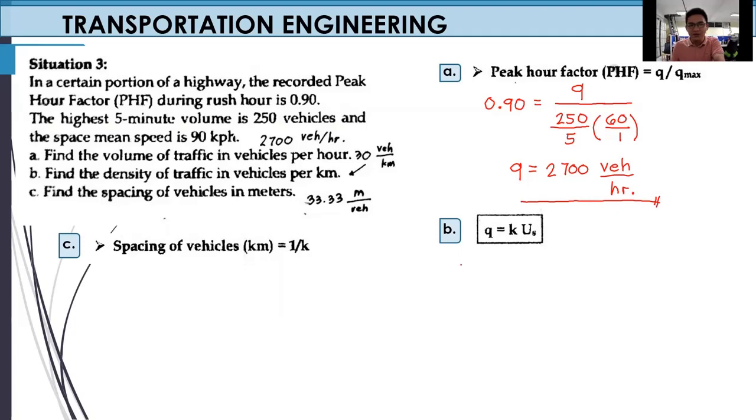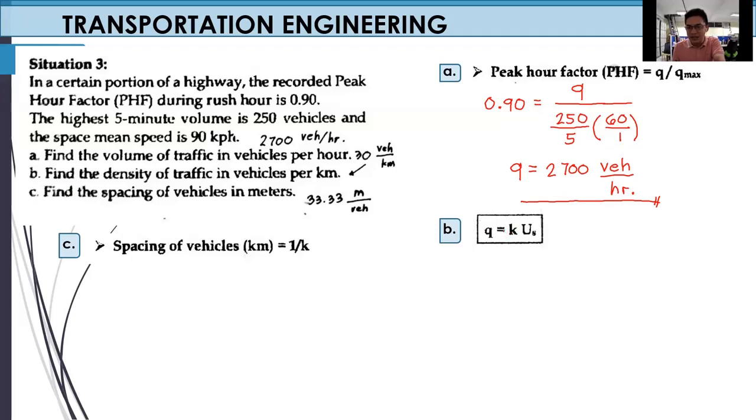Okay ba? So for number 2, hinahanap si density of traffic in vehicles per kilometer. Diba? So vehicles per kilometer, same sa Q, pero iba yung meaning niya kasi vehicles per kilometer tayo, hindi vehicles per hour. Diba? So take note, hindi Q yung hinahanap natin kasi hinahanap natin is K. Vehicles per kilometer.